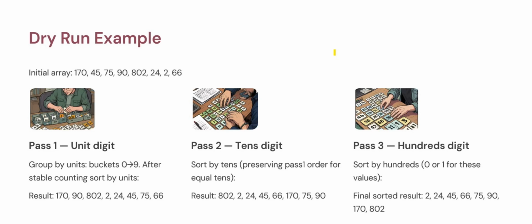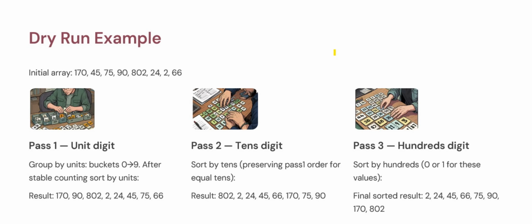Again, stable bucket sort. Numbers like 802 and 2 that have 0 in tens place come first, preserving their units pass order. Result: 802, 2, 24, 45, 66, 170, 75, 90.